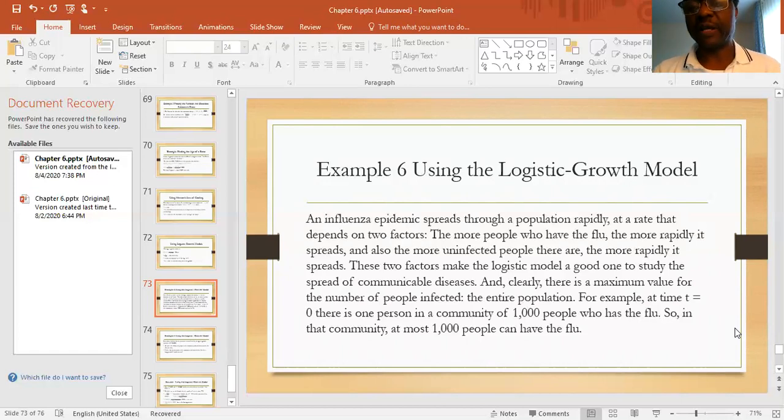These two factors make the logistic model a good one to study the spread of communicable diseases. And clearly, there is a maximum value of the number of people infected, the entire population. For example, at time t equal to 0, there is one person in a community of 1,000 people who has the flu. So in that community, at most 1,000 people can have the flu.